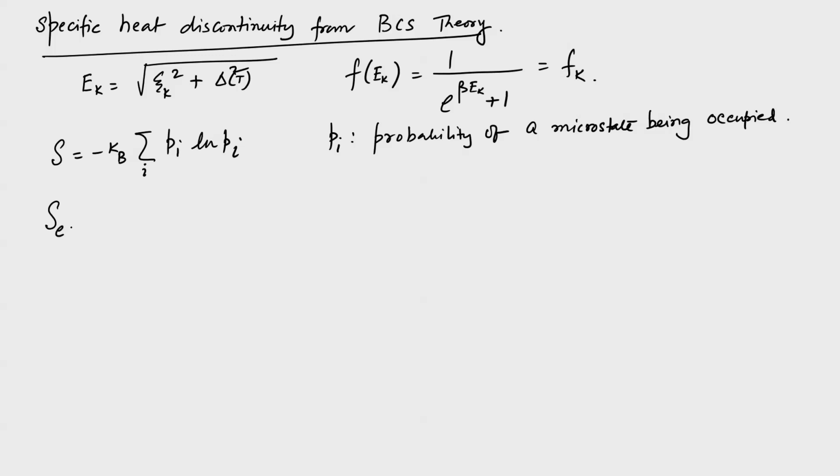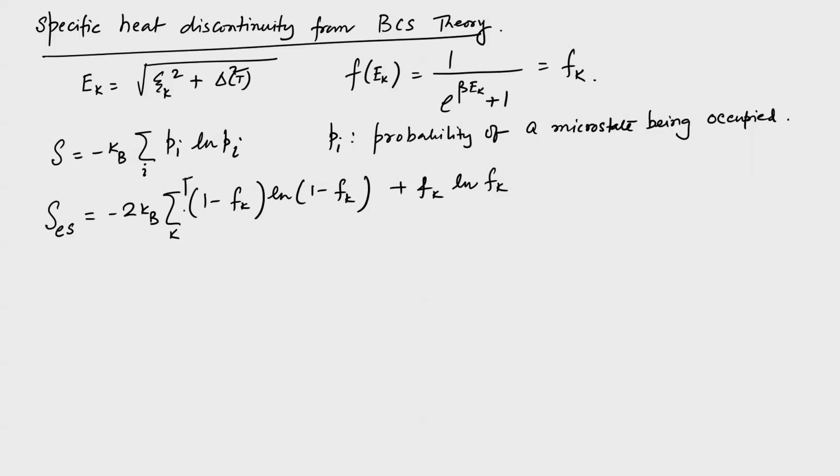So, just to make sure, we write it with subscript E, and corresponding to the superconducting state we will call it S_ES, which is equal to minus 2k, there is a sum over k, of 1 minus f_k log of 1 minus f_k, plus f_k log of f_k.